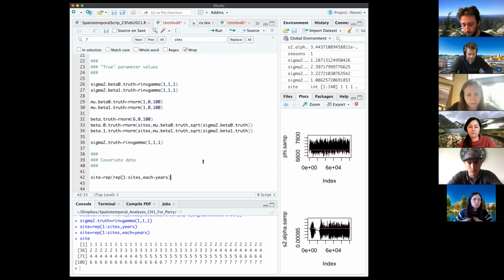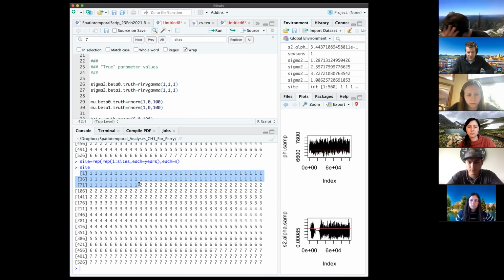So we can try a couple of things. So now we have, let's see, that's not what I want. I want each equals n. We have 20 years of data. We have 4 observations per year. Times 20 should give us 80 observations for our first site.